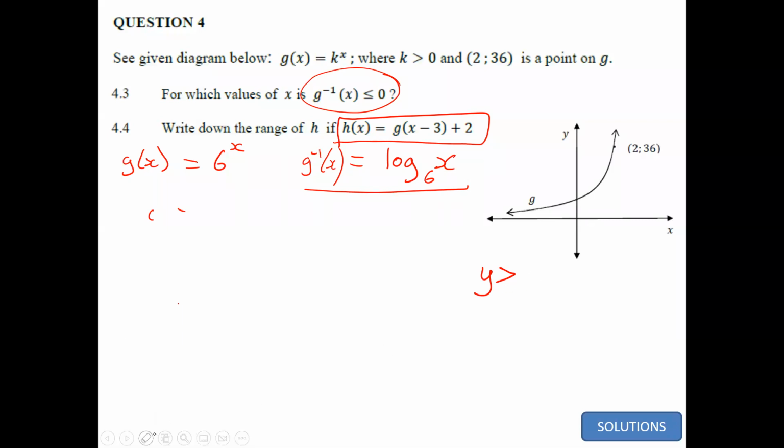So y is greater than, anyone can tell me, what is the range of the G graph, the one you see? Don't feel shy now. Give me an answer.